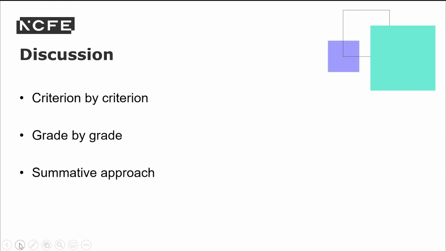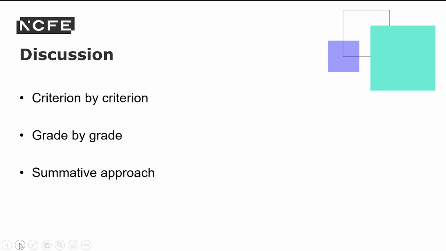Angie, from a student's perspective, anything you want to add about the student journey and the approach of criterion by criterion? Yeah, sure. First of all, I think that's absolutely right, Stacey, spot on. From a student's point of view, you'd end up with a lot of repetition, and that could affect the student's motivation levels.